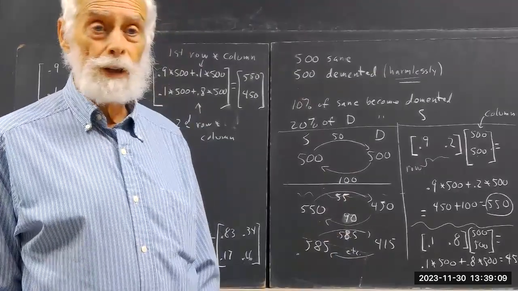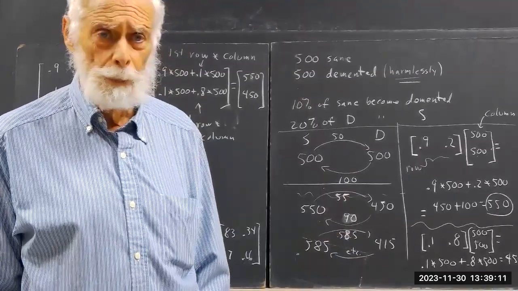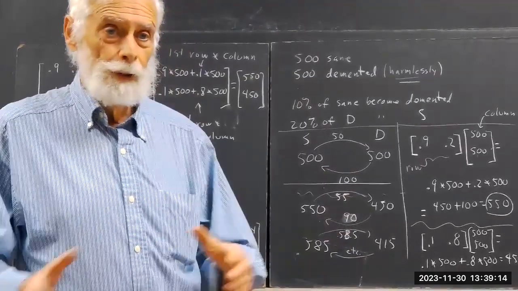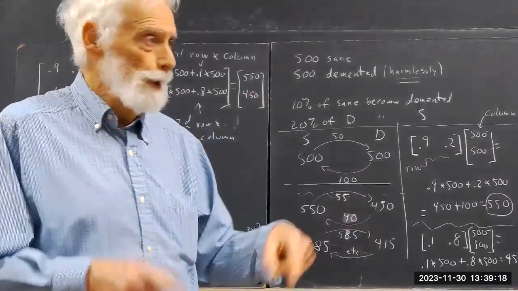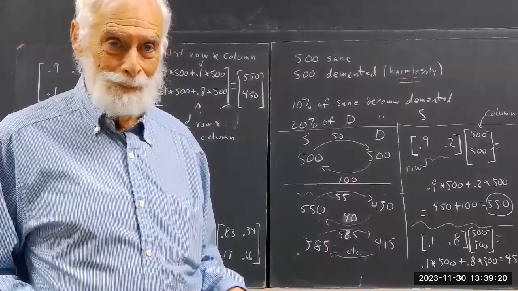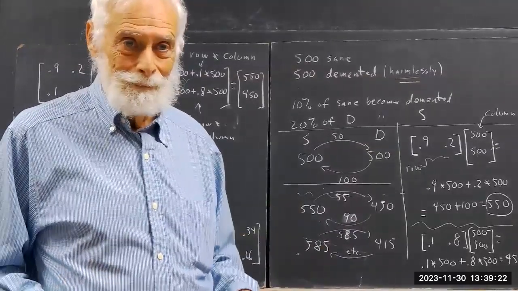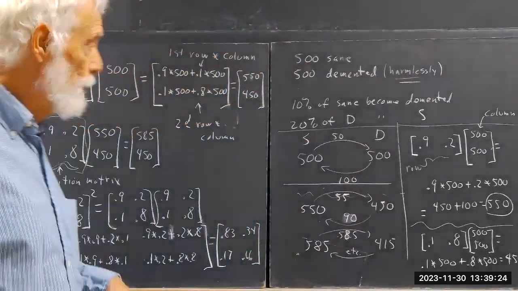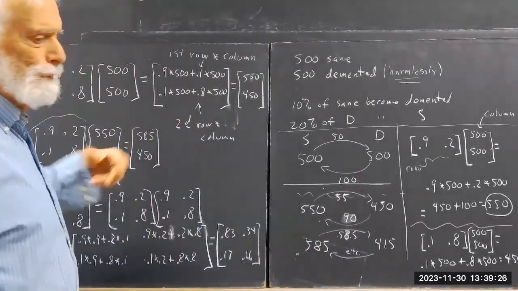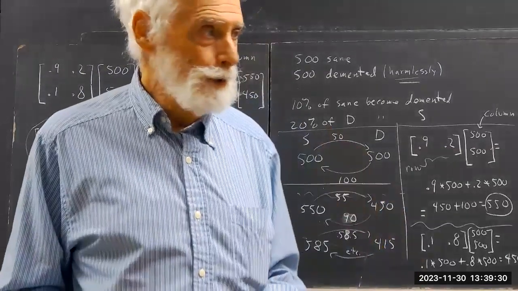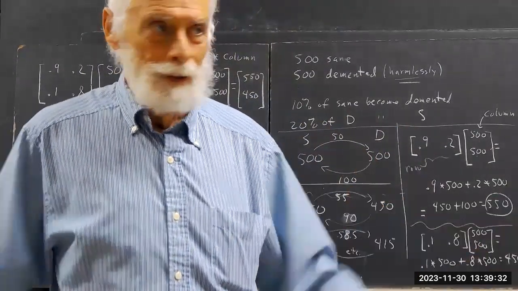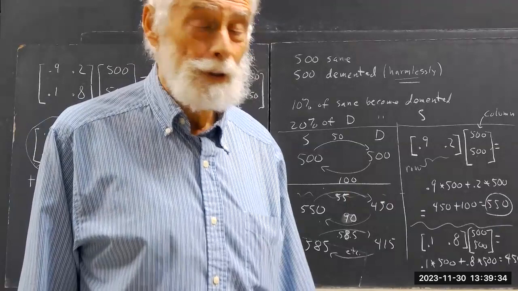Okay. You can do a model of the stock market. It doesn't work, but you can do a model. Every day you have a transition, it either goes up or down. What's the probability it goes up or down? And then you multiply that by what happened the day before. Okay. Well, I'm not going to go into details of that. It goes beyond what we need to do in this course.